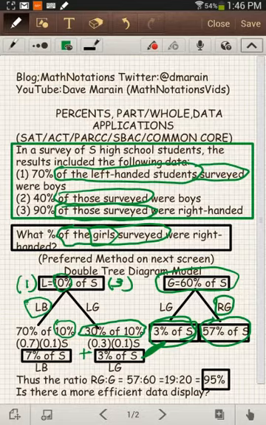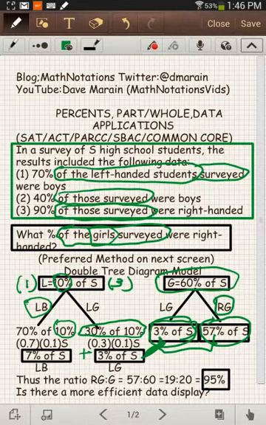How did we get 57%? These two percents have to add up to the whole, in this case the whole being all the girls surveyed. We could have computed that another way. The question is asking what percent of the girls surveyed were right-handed.